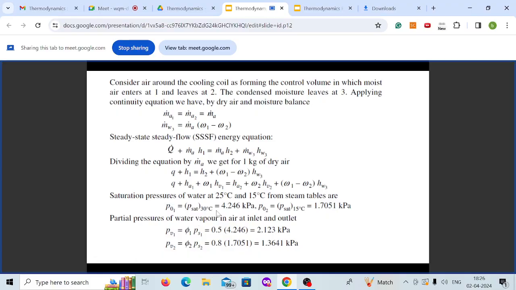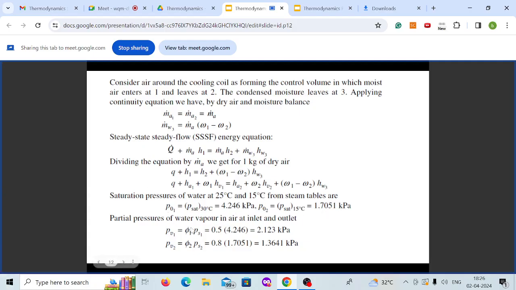Now we need to find the specific humidities. For that, we know the pressures. We can find the saturation pressures corresponding to 30 degrees Celsius and 15 degrees Celsius. The saturation pressure at 30 degrees Celsius is 4.246 kilopascal, and at 15 degrees Celsius is 1.7051 kilopascal.